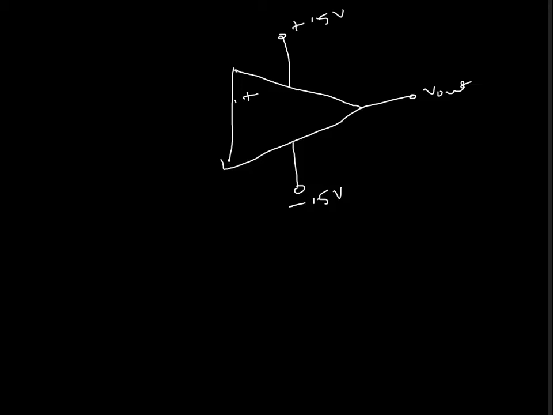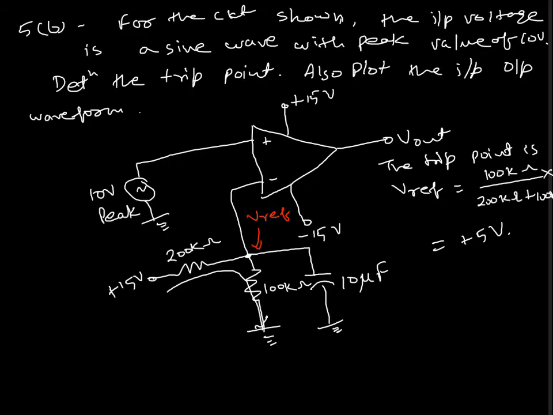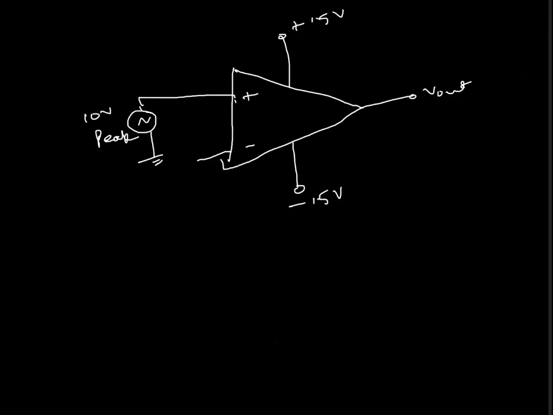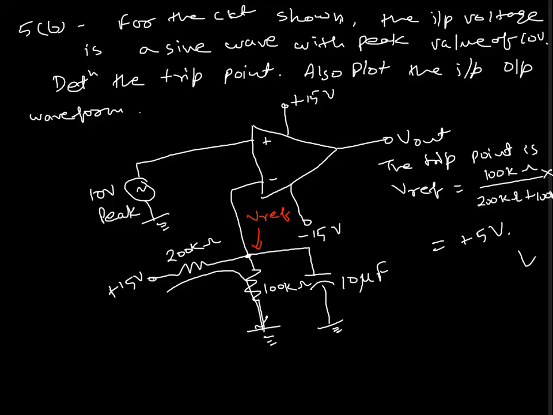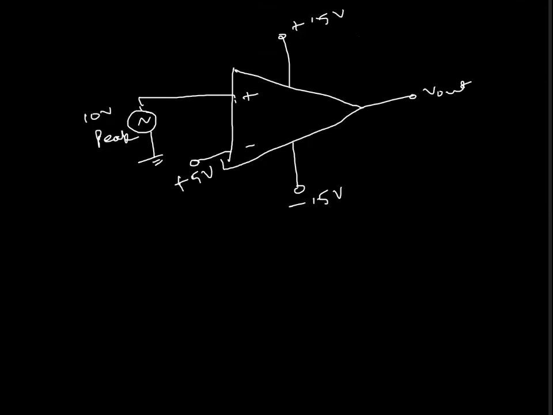Here the input is given at the non-inverting terminal, and the input is 10 volt peak. From this circuit, after finding the Vref, this is a DC value of plus 5 volt. It means we have received the trip point. Now we need to find the waveform.